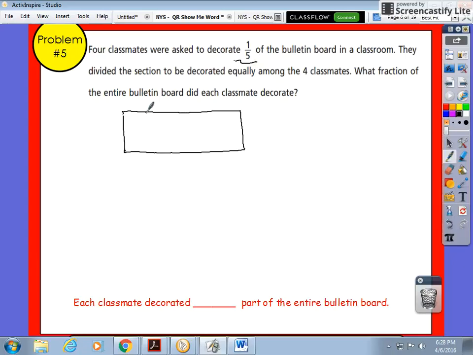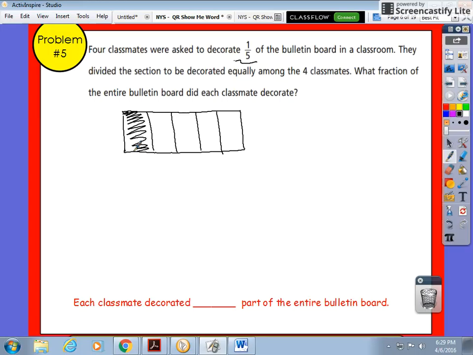So I am going to do my best to divide this bulletin board into 5 equal pieces so that I can show you that this is the section that all 4 classmates are going to be decorating.